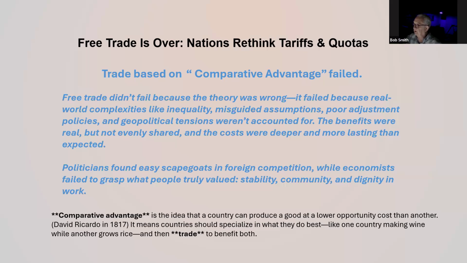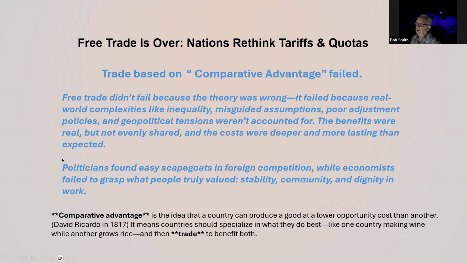So free trade was really interesting and kind of forward thinking in many ways, but it didn't work that well, because the benefits were real if they followed that, but the costs were a lot deeper, and countries continued to subsidize businesses that shouldn't be there.